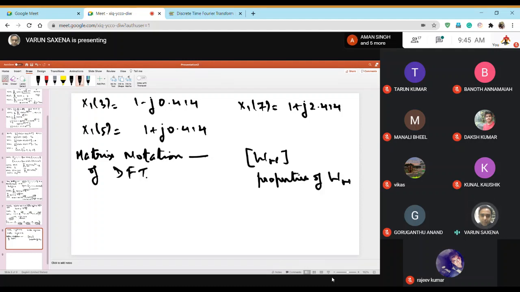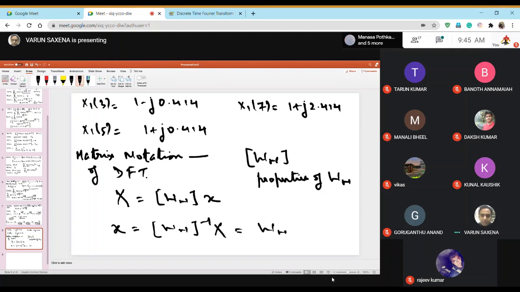If you remember, capital X was basically Wn times small x, and small x could be written as Wn inverse, which was nothing but the complex conjugate, with a 1/N here, times X. This is what we will be using to evaluate these.